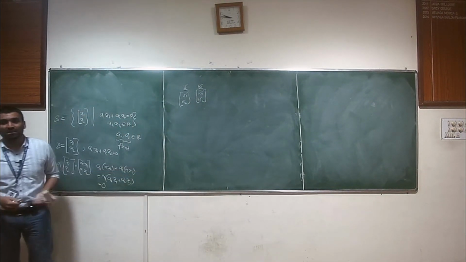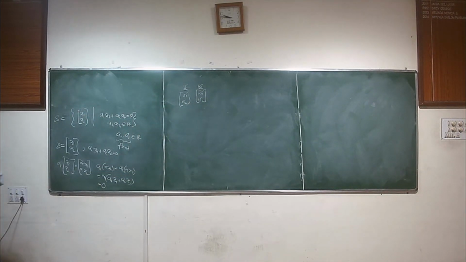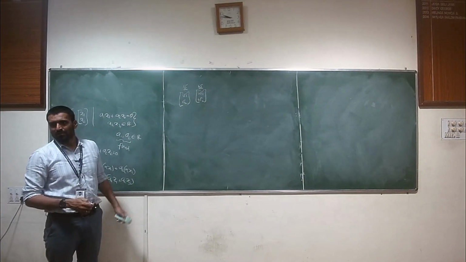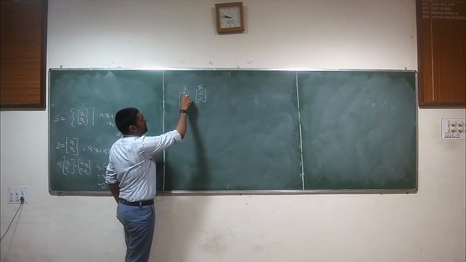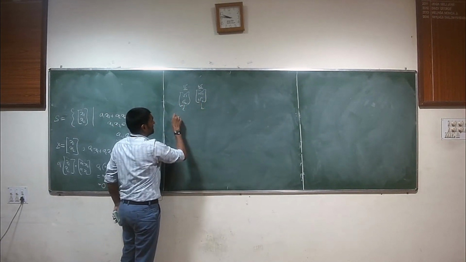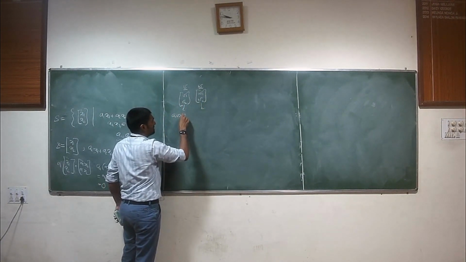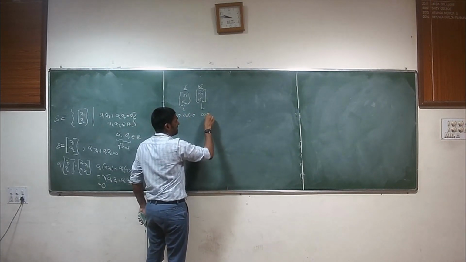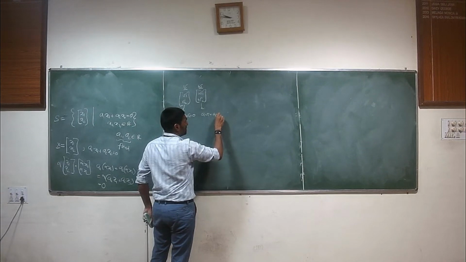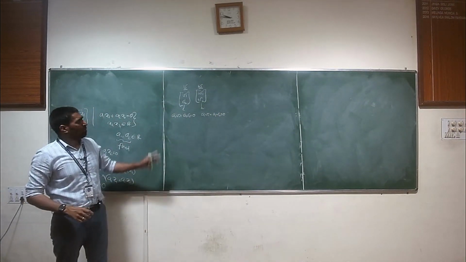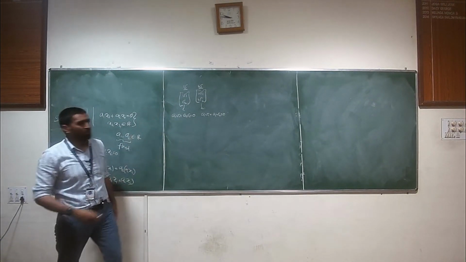Is this set closed under vector addition? If v and w are from this set, we know two things for sure: a1 v1 plus a2 v2 is 0, and a1 w1 plus a2 w2 is 0. What vector do you get if you add v and w?